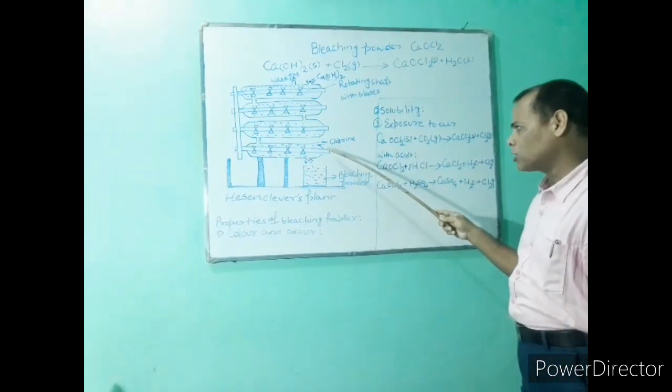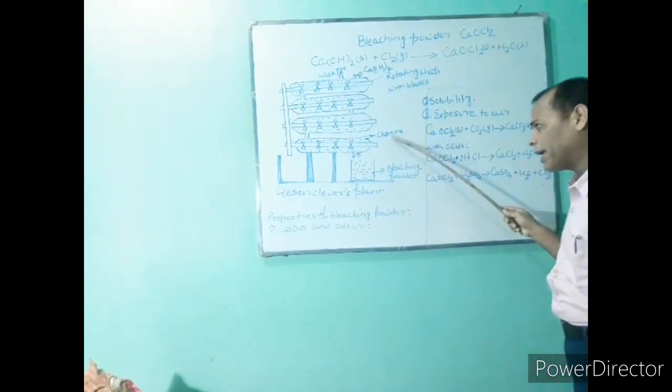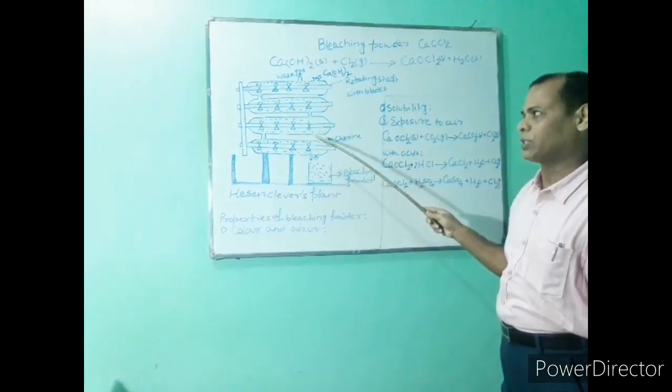From the bottom of the cylinder, chlorine gas is allowed to pass.